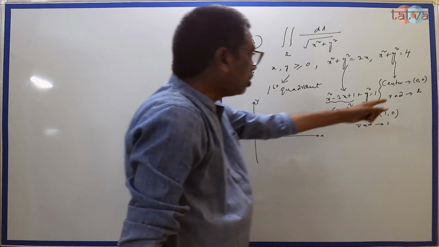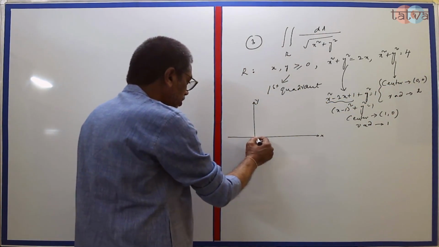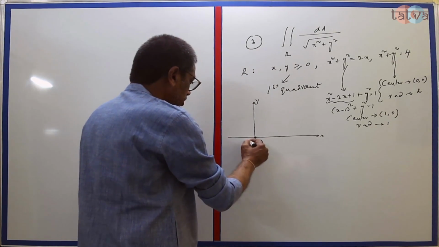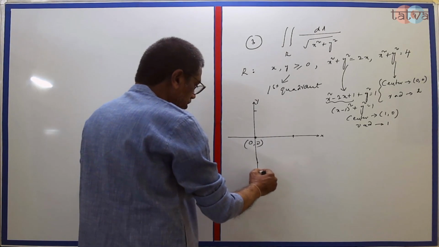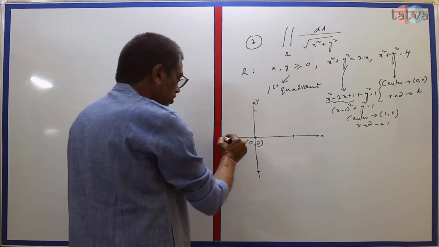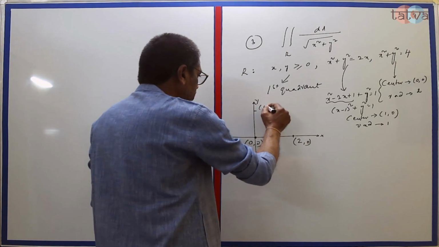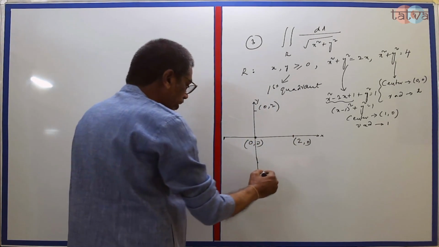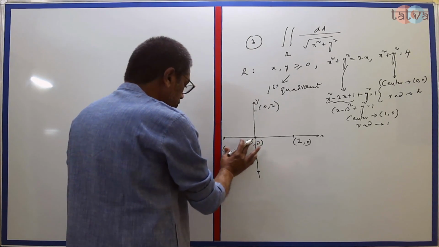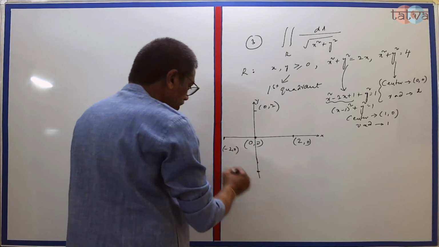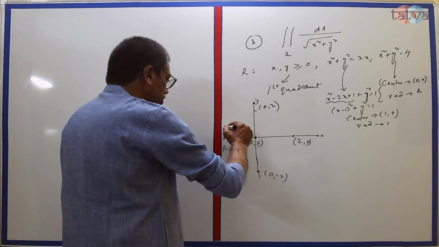I will first draw a circle of radius 2 with center at the origin. We have this part. I will just show the coordinates for easy plotting. This will be (minus 2, 0). And this will be (0, minus 2). So just draw this circle.